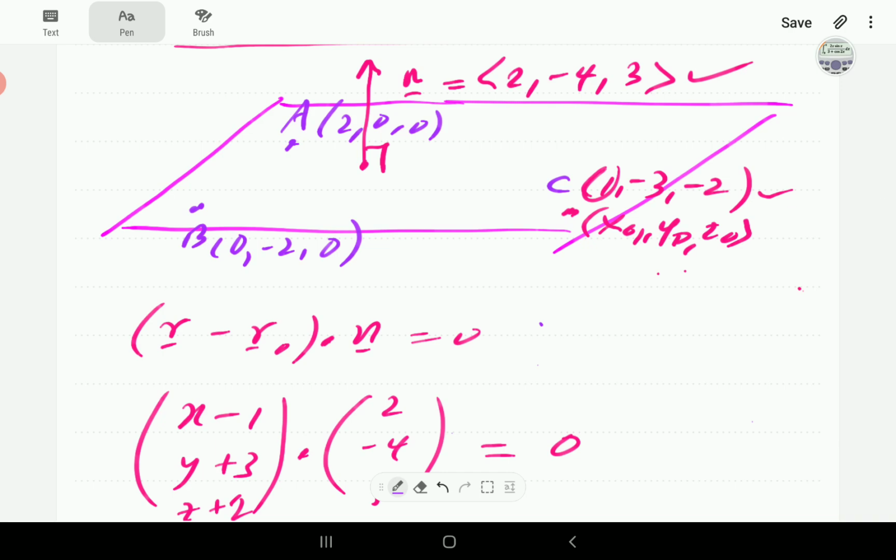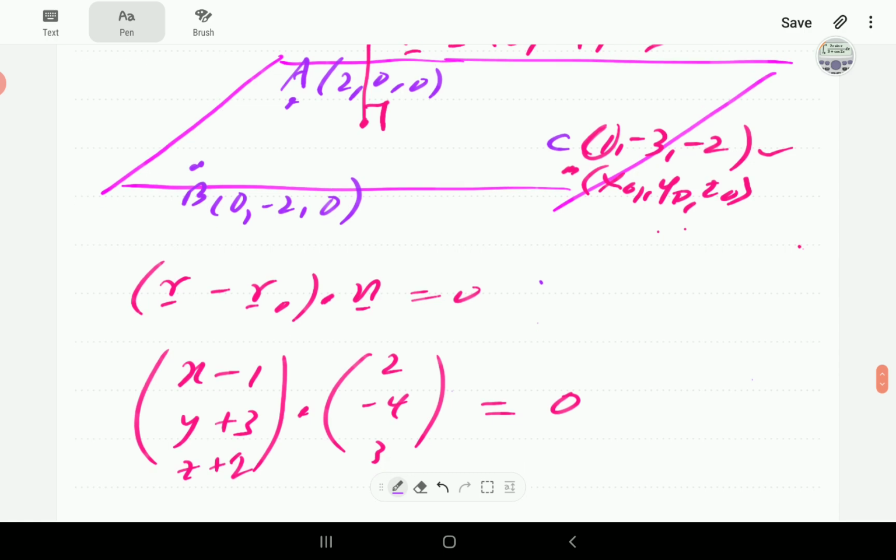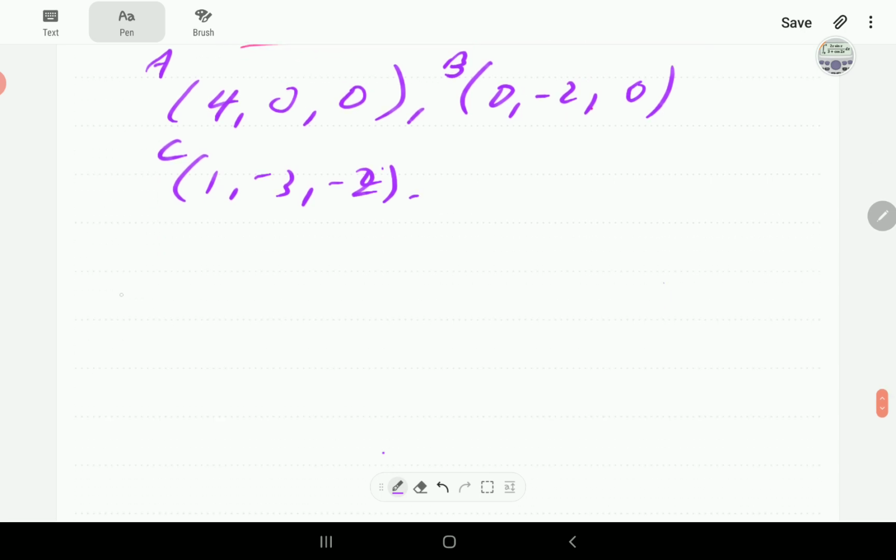So for instance, AB is going to be (-2, -2, 0). AB is a vector, so (-2, -2, 0). That could be our M1.